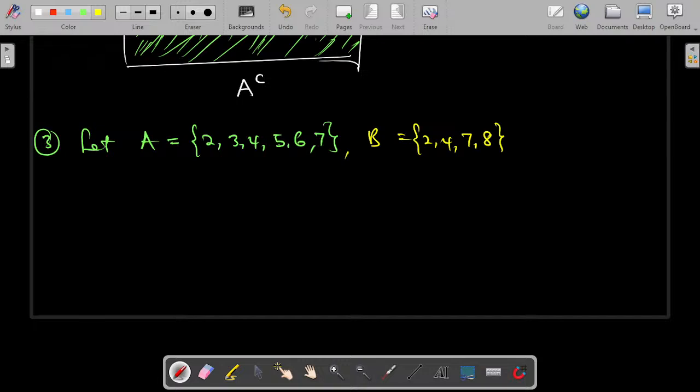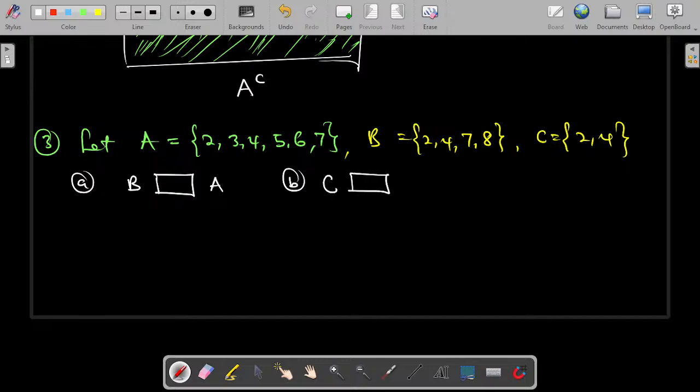And another set C is only 2, 4. Then they said fill in the blank spaces with subset or not a subset. So what are the questions? Here you are given B, then a blank space, then A. Then question II, you are given C, then a blank space, then A.